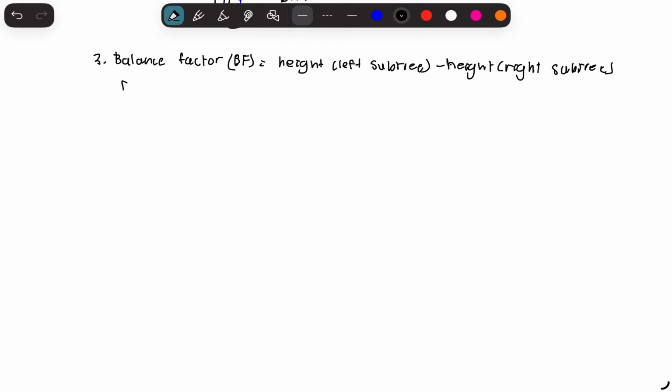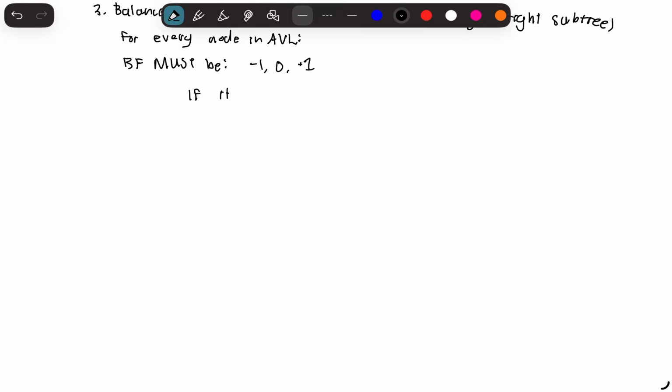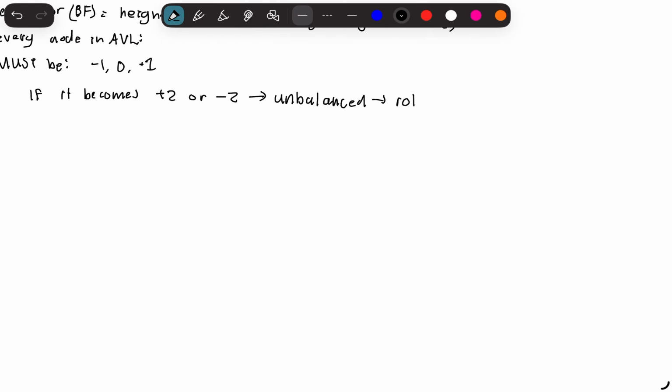So for every node in an AVL tree, the balance factor must be -1, 0, or +1. Now, if it becomes +2 or -2 or something greater, like -3, -4, +3, +4, this is unbalanced. And what you do with unbalanced trees is you have to rotate them.